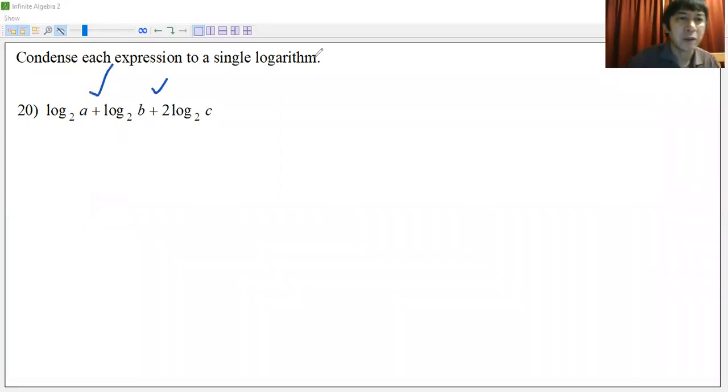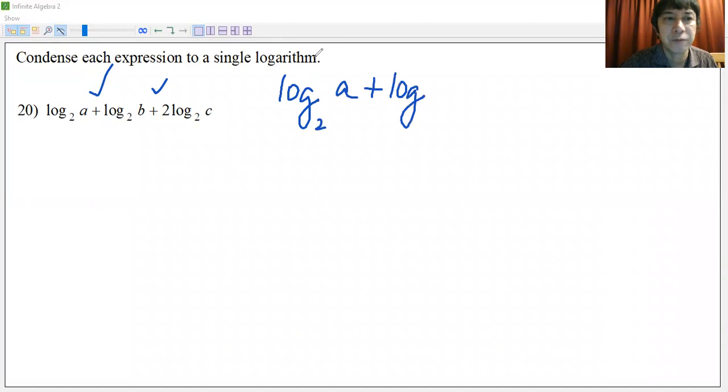So we can start with logarithm of a base 2 plus logarithm of b base 2 plus, you can see a number 2 there in front of the log, so that becomes the exponent of c.